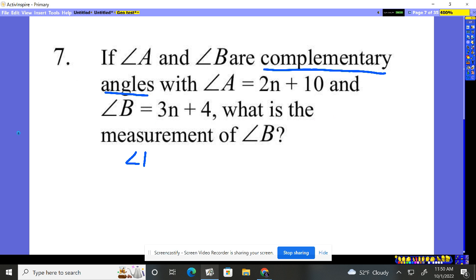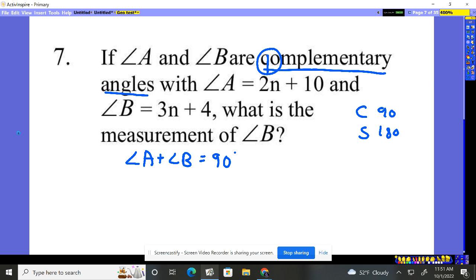It means angle A plus angle B add up to 90 degrees. Complementary. Remember, complementary is 90, supplementary is 180. I remember it by C comes before S, just like 90 comes before 180. My son likes to take that C and change it to a 9 and make it look like 90. That's how he remembers complementary.